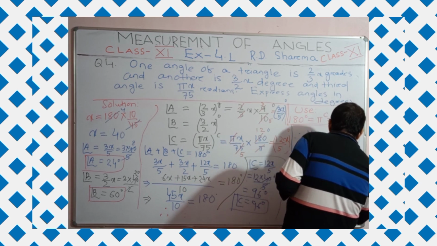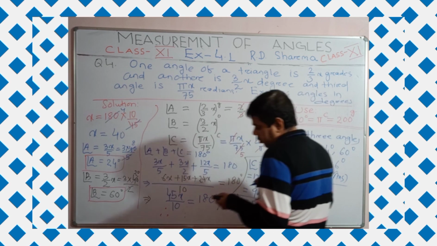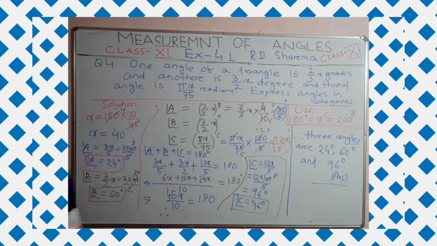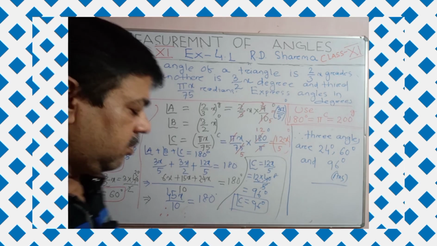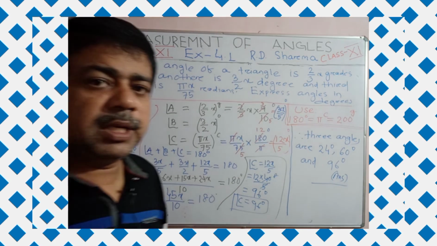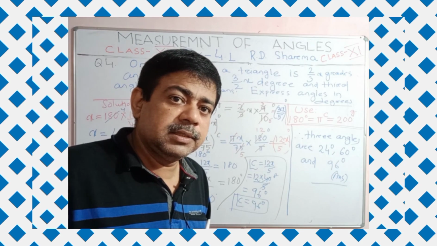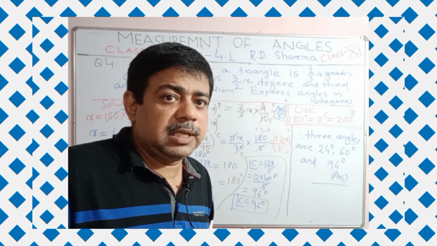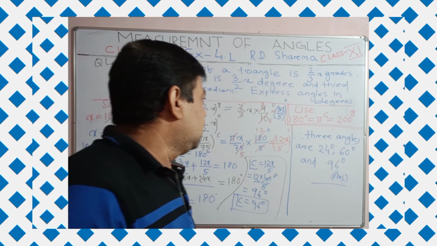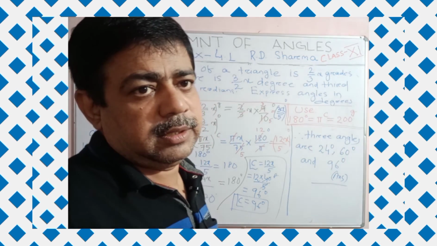This is one of the very interesting problems, an application of the units of measurement of angles, showing how you can convert angles from radian to degree and grade to degree. This is the interrelationship between the three systems of measurement of angles: degree, grade and radian.